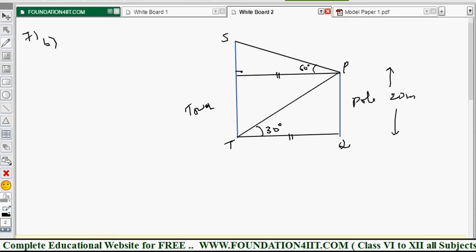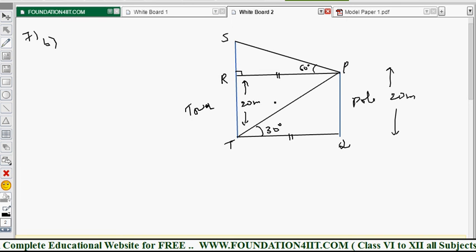That's 90 degrees. If this is 20, this also is 20 meters from here to here. So by observing this we can find the value of the tower. Now we can take two triangles, SPQR, PQRST. Let us take one more letter here.